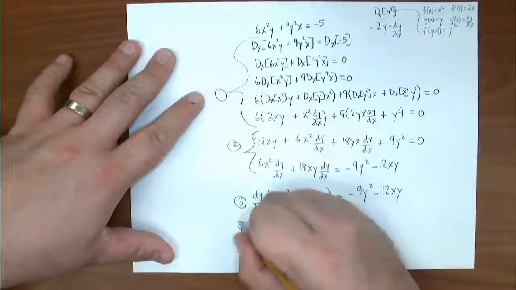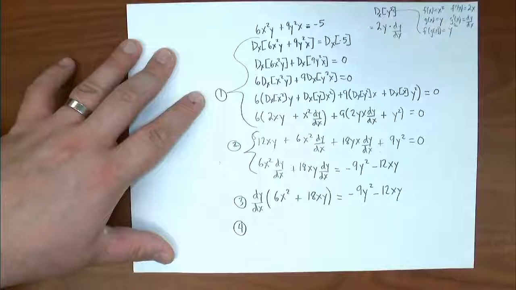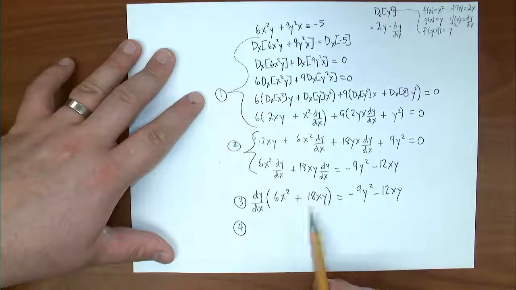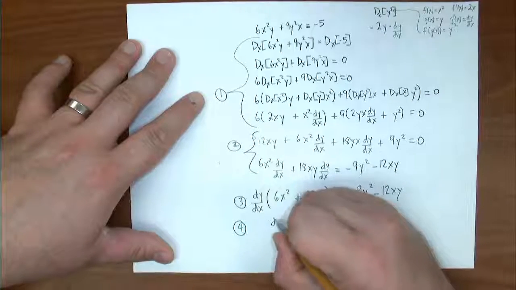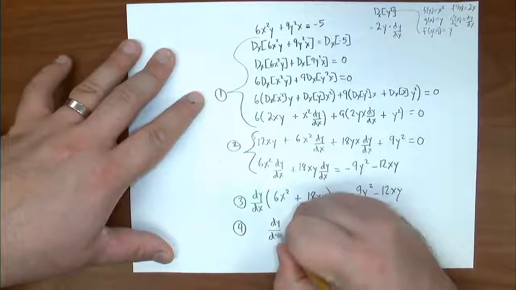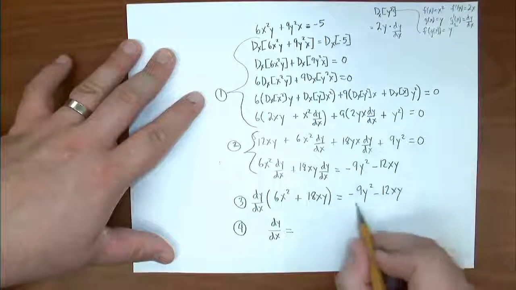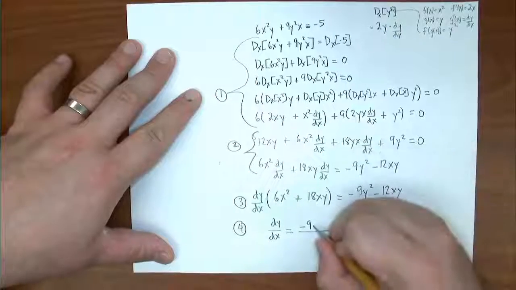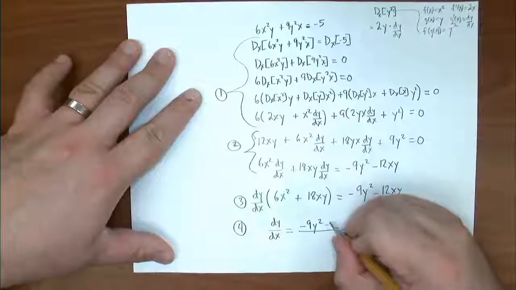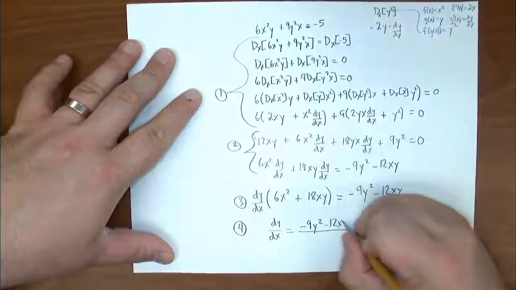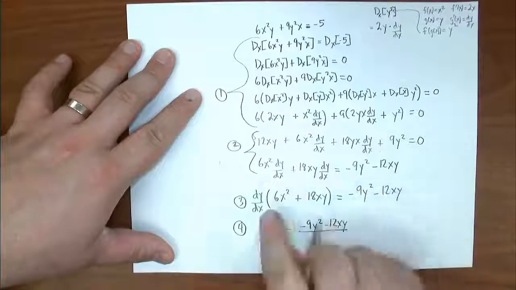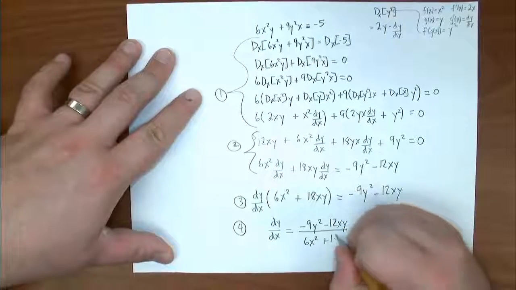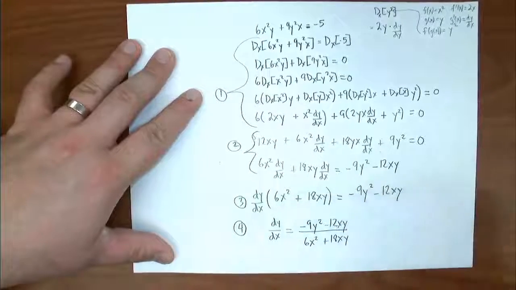Step four is just to solve for dy dx, which means I just need to divide both sides by this entire set of parentheses and say that dy over dx equals my current right-hand side, negative 9y squared minus 12xy divided by this factor here, 6x squared plus 18xy.